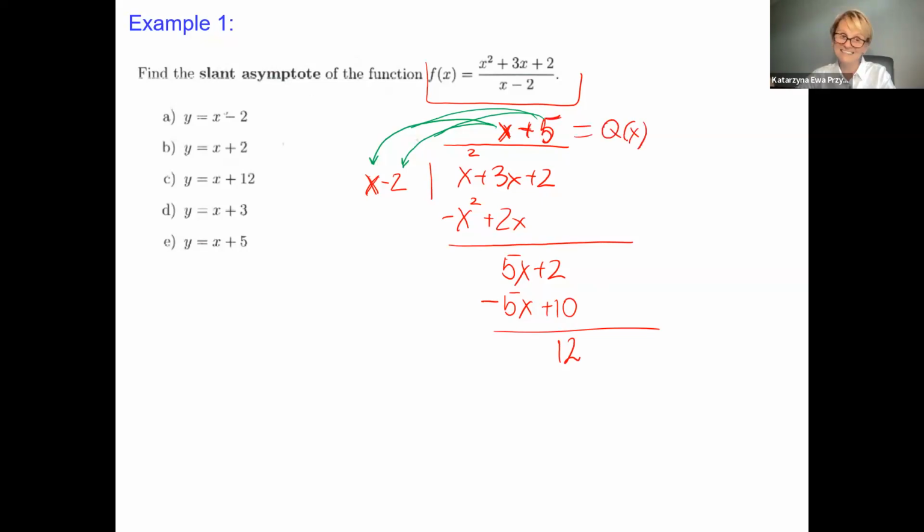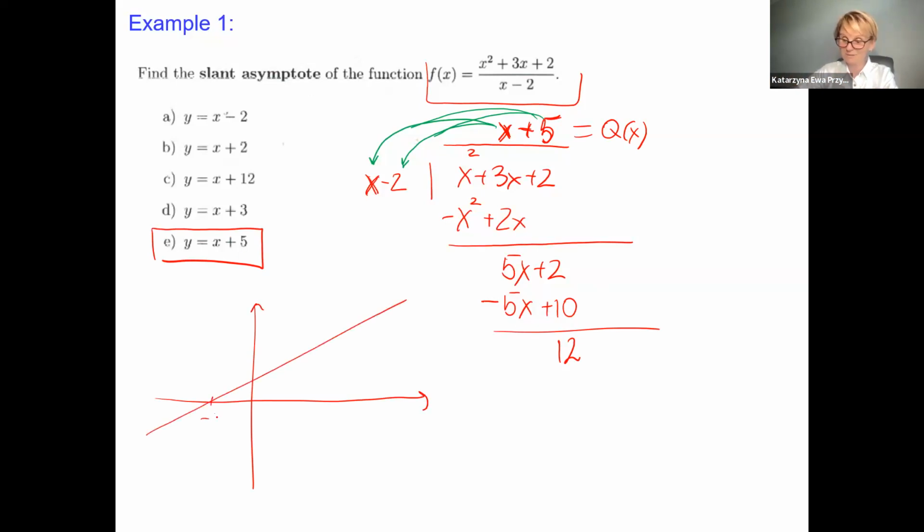That quotient is the slant asymptote. That's it. Such a nice question. Okay, that means I don't know exactly how this function looks, because the point of this section is, but I know that x plus 5 will be the slant asymptote.